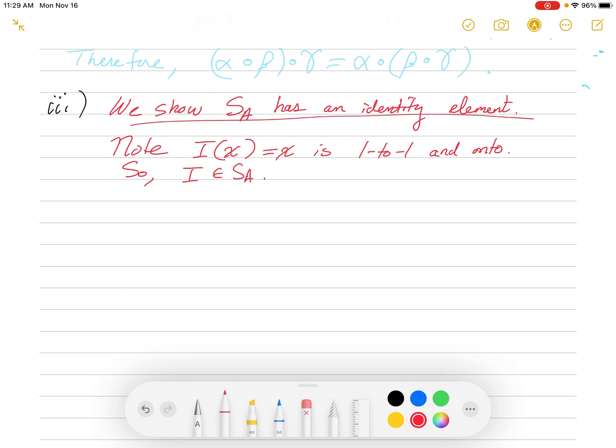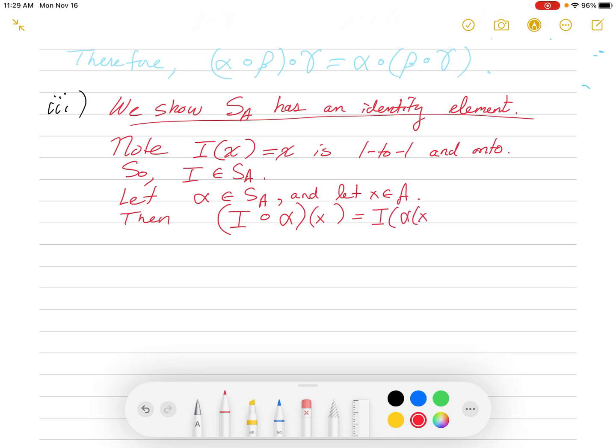Let's take the identity and compose it with alpha. Let alpha be any permutation on A. Then when I take the identity and compose it with alpha, I should get back alpha. Let x be an element of A. So I take an arbitrary permutation alpha and any element x in A, and I take the identity composed with alpha and evaluate it at x.